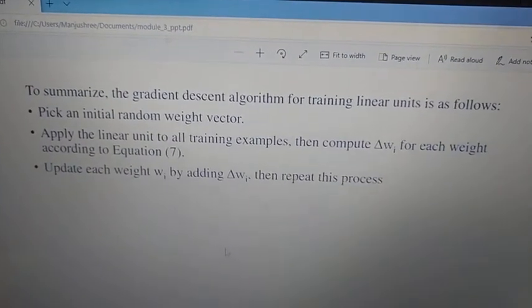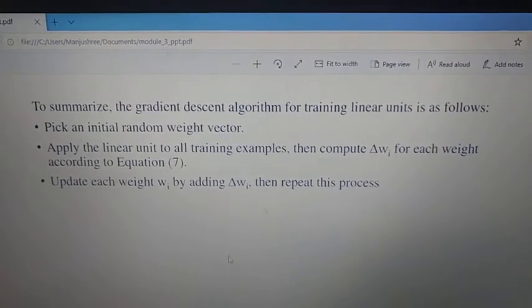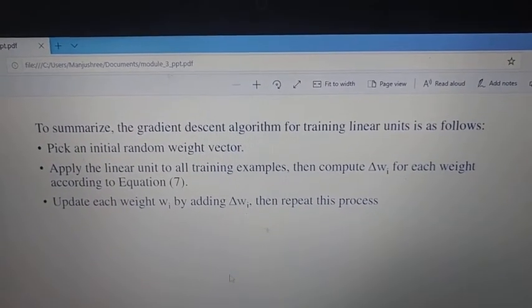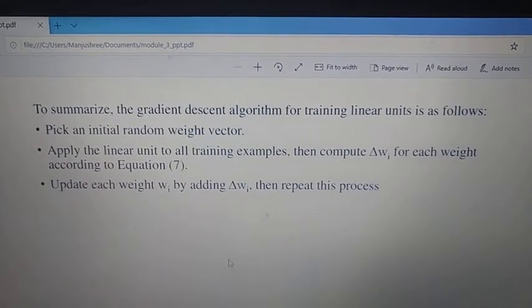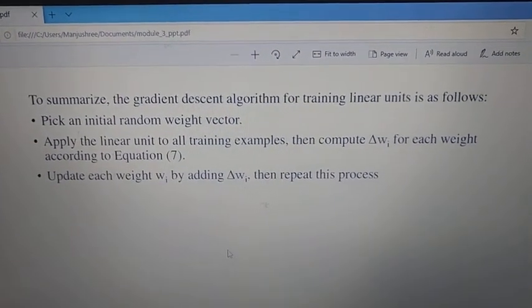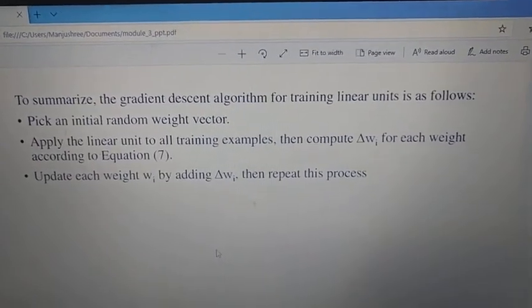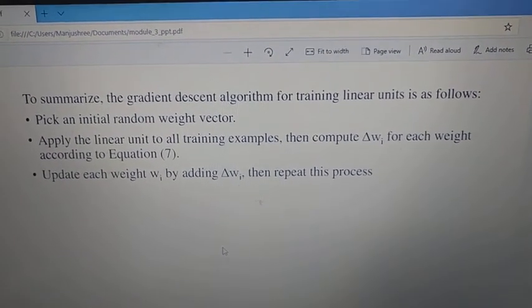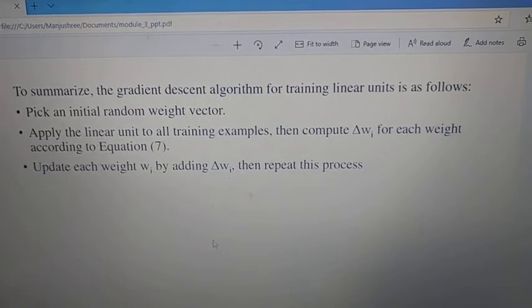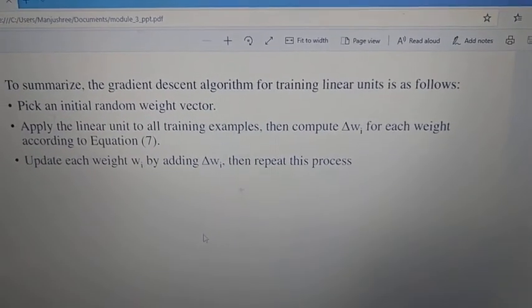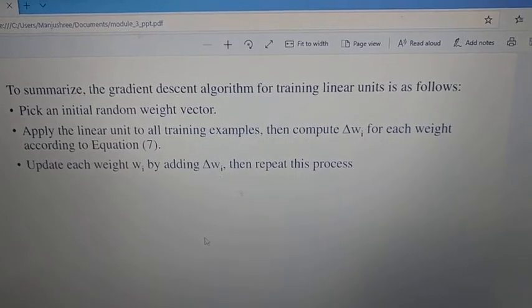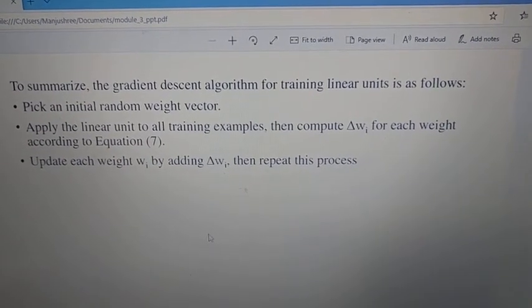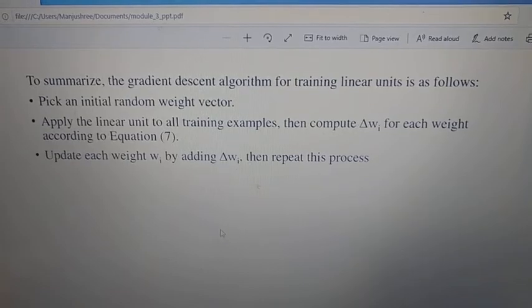So in order to summarize the gradient descent algorithm of a linear unit, pick an initial random value of a weight vector, any value we can choose. Then we are going to perform the calculations, that is we are going to multiply, we are going to sum, and then it is passed to an activation function so that we get an output. We will compare the output with the actual value, that is, we are going to calculate the residual.